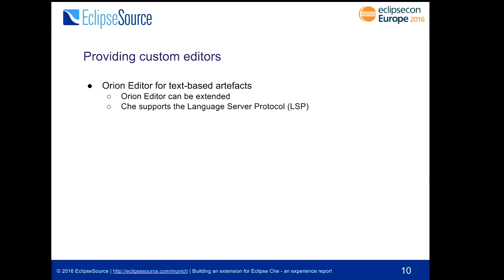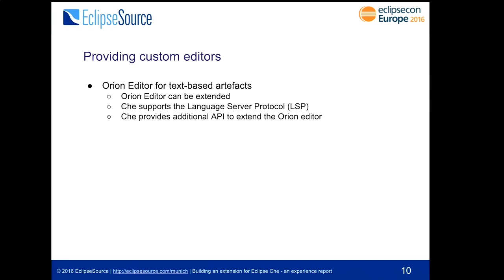Che supports the language server protocol. I will not go into detail about that. I think there have been a lot of talks about that. And finally, that's what we did, especially in the beginning a bit. Che also adds additional API on top of the Orion editor. So there's a Che overlay where you can extend the functionality of the standard editor, for example, to add code completion, to add quick fixes, and so on.